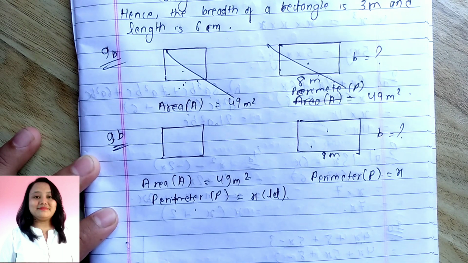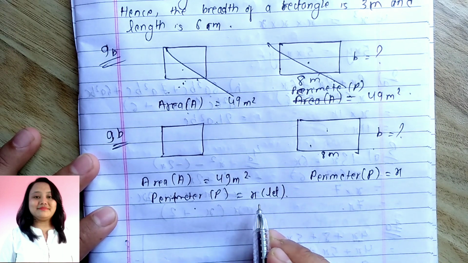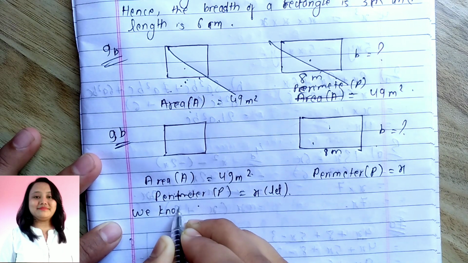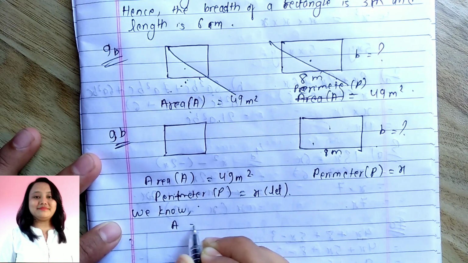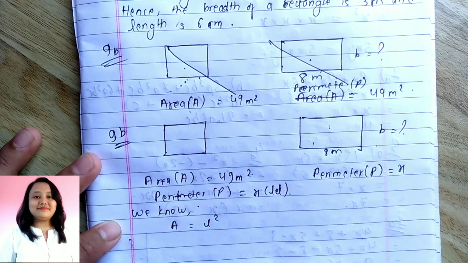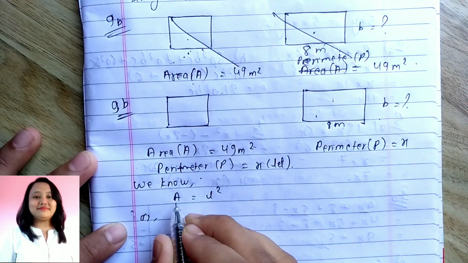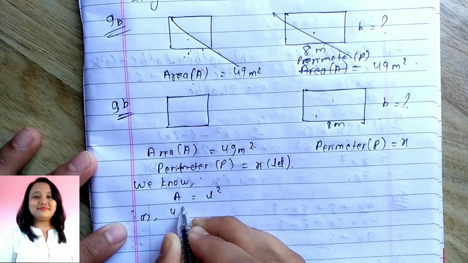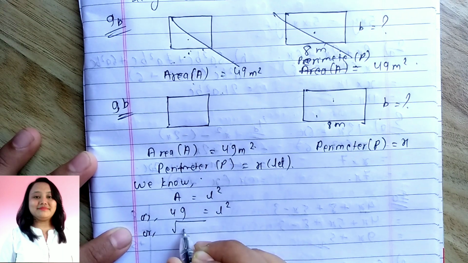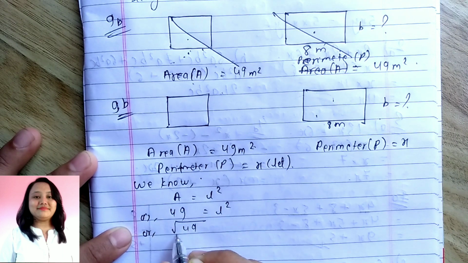For that, first of all we need to find the value of x from the perimeter. We know the area given is 49. Area of a square, A equals L square. We know that formula, right? So A equals L square. Area equals 49 is given, and L square will be the same. So root under 49 will be there, since this square, when it goes to the opposite side, becomes square root.